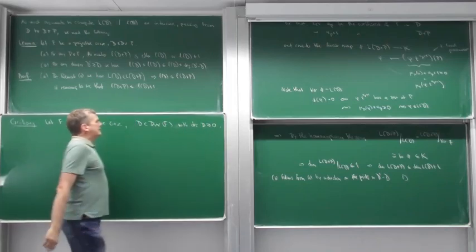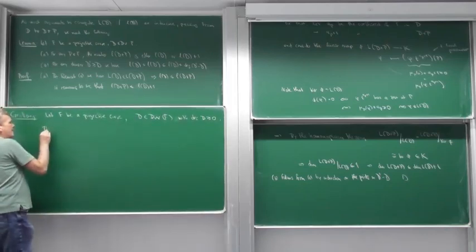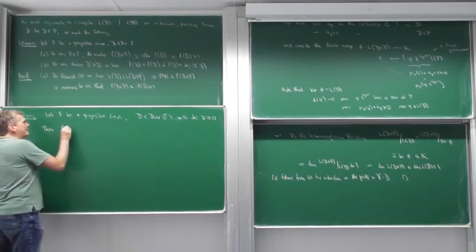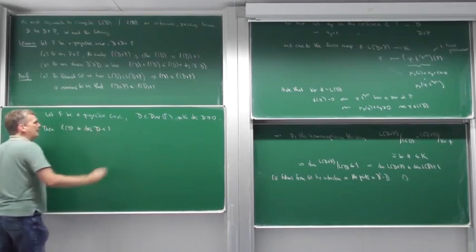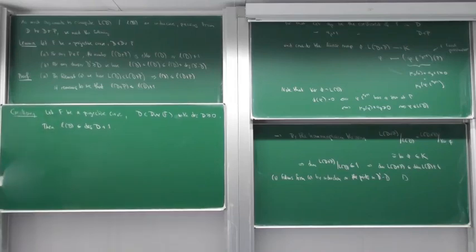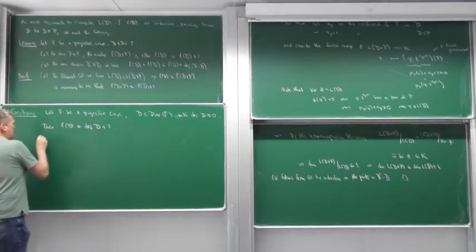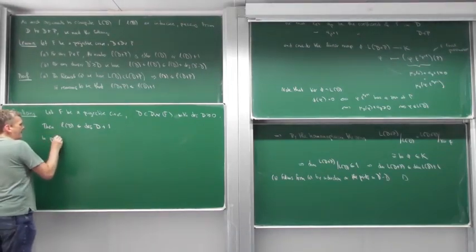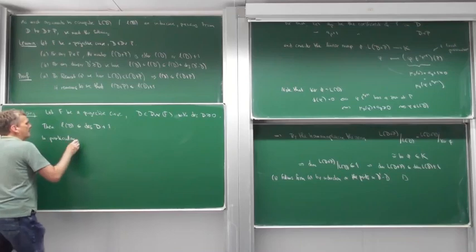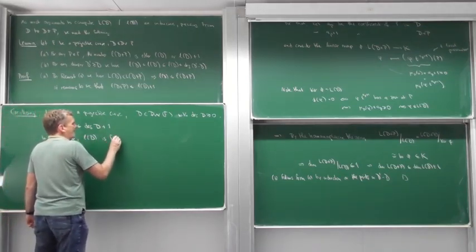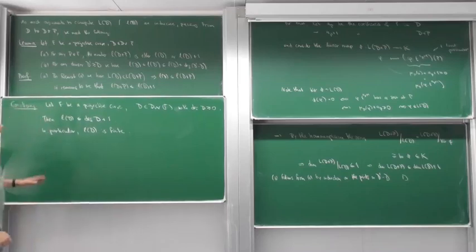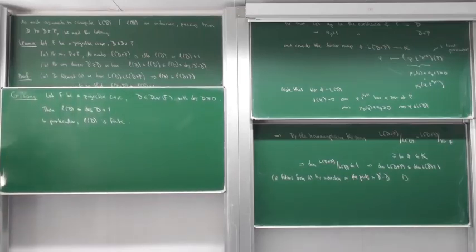So if the degree of D is greater or equal to 0, then the statement is little L of D is less than or equal to the degree of D plus 1. And in particular, of course, that means, which we couldn't answer at the beginning, that this number is clearly always finite. So in particular, L of D is finite, and we have a clear bound on that number.